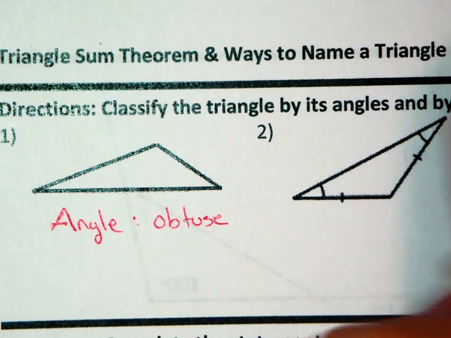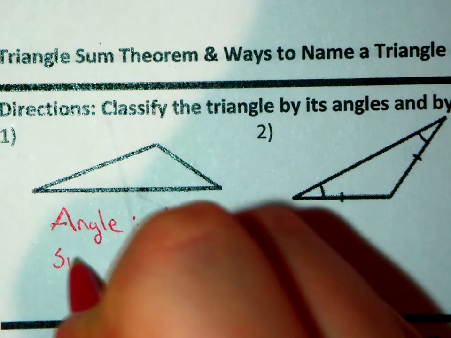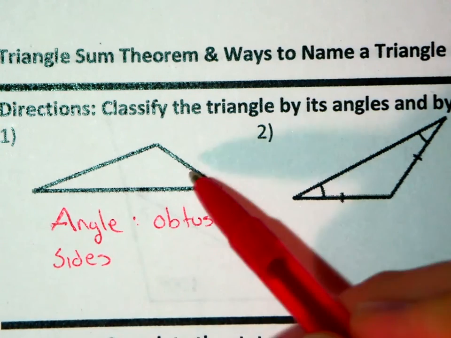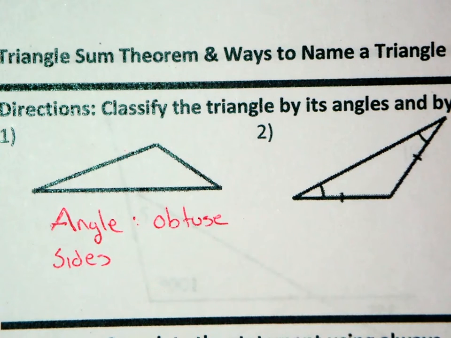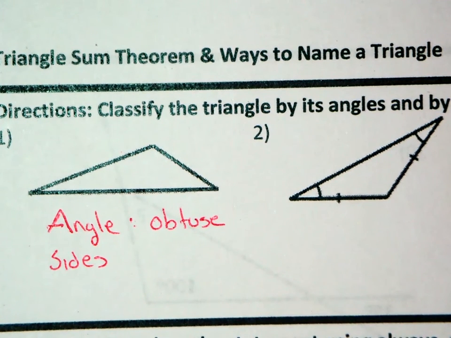If we were to classify it by its sides, well, I can see that I have 1, 2, 3 different side lengths, and so it would be a scalene triangle.